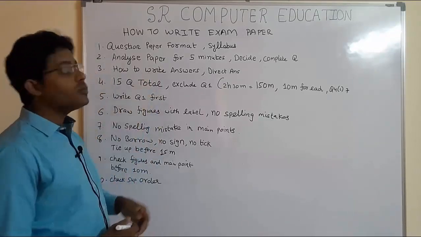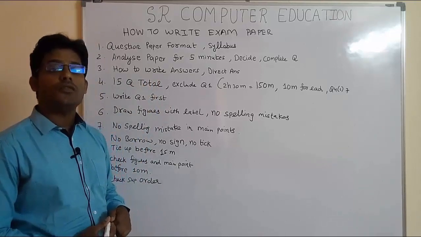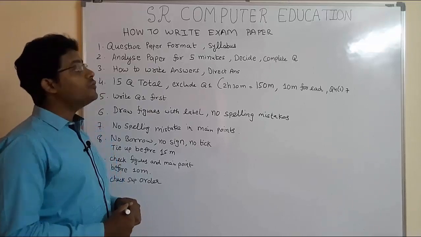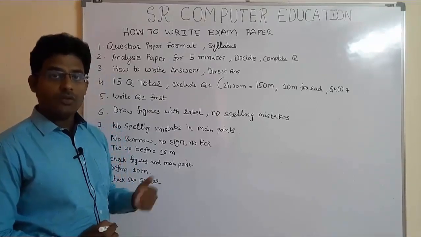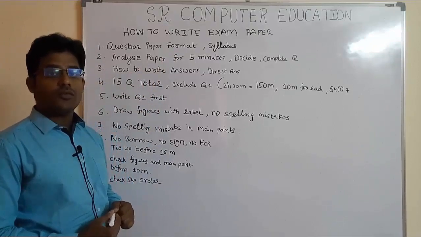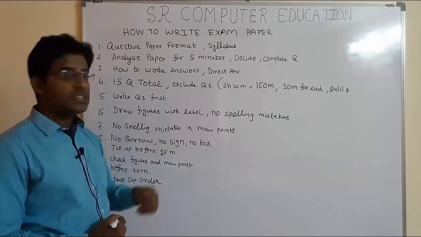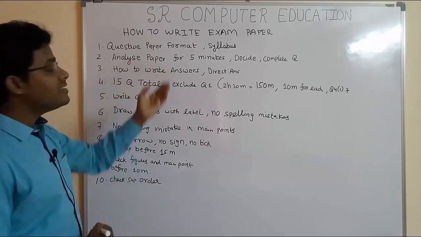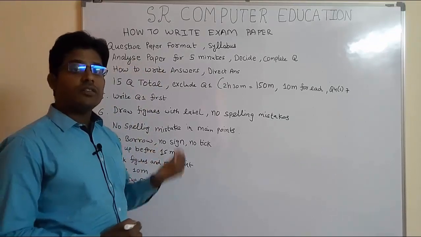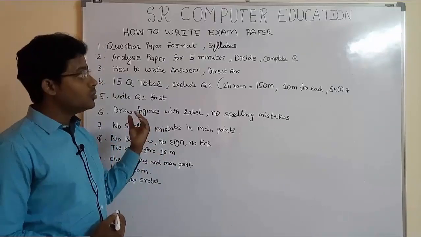So suppose there are 5 questions, question 1, 2, 3, 4 and 5. Suppose you decide to write question 4 first. You can write it randomly, it's not necessary to go through the sequence. That's why I told you to analyze the paper and decide which main questions you know to write.